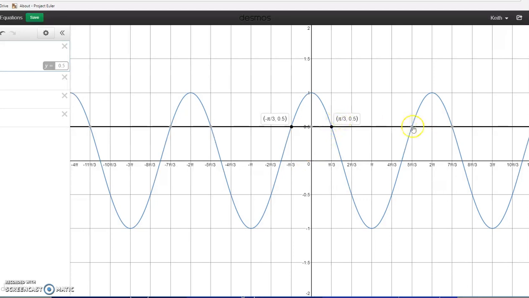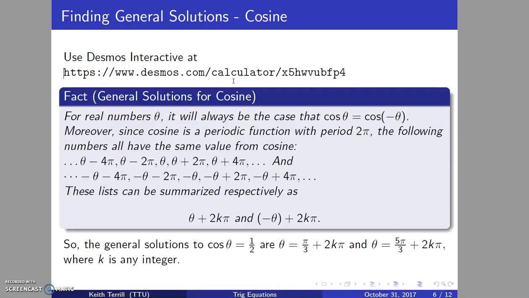And so what we can do is we can take this guy and slide it 2 pi, slide it back 2 pi, and for this one right here, we slide it forward 2 pi, slide it back 2 pi, and keep sliding both of these forwards and backwards as many increments of 2 pi we want, and that's got all of our solutions.